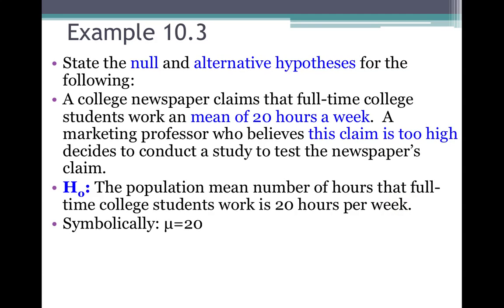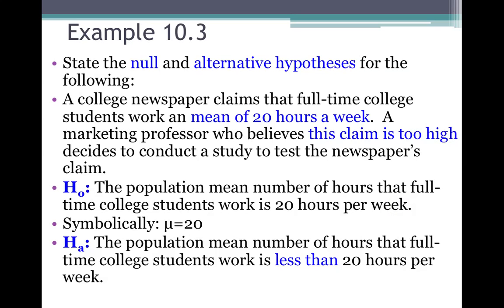The alternative hypothesis is going to state the population mean, again it's going to start with the words population mean, then the variable, number of hours that full-time college students work, and then the counterclaim is less than 20 hours per week. So the counterclaim is H-A.